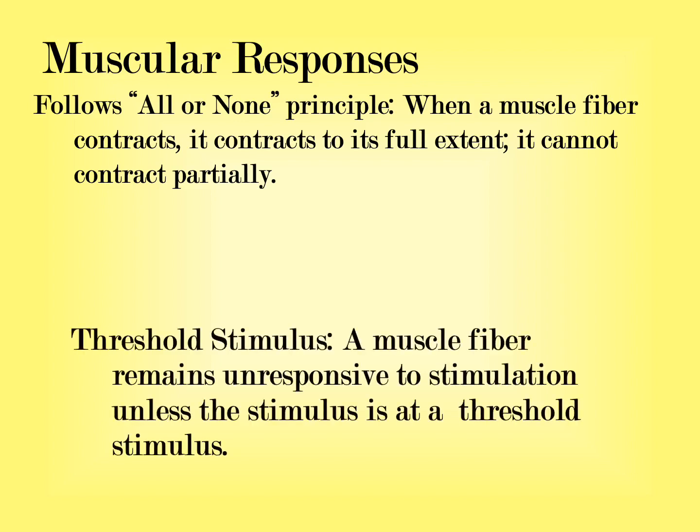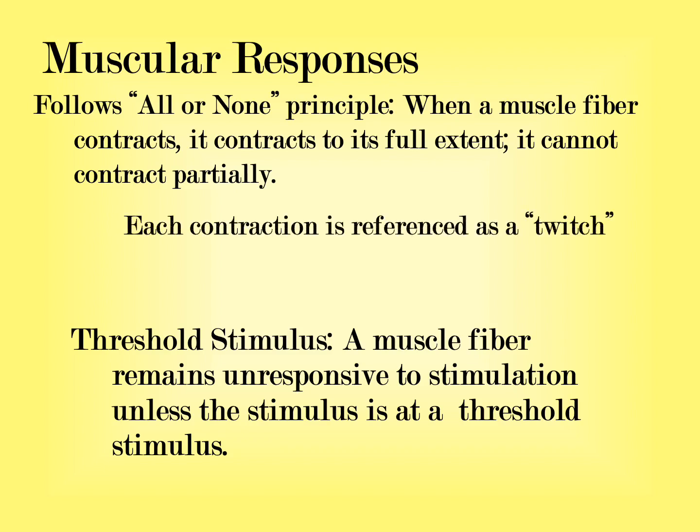The amount of stimulus that is necessary for the fiber to get to threshold will vary based off of the diameter of the fiber that is there. We have low threshold fibers, which are going to be small, and high threshold fibers, which will be large. Each contraction that we see within this response is referred to as the twitch.